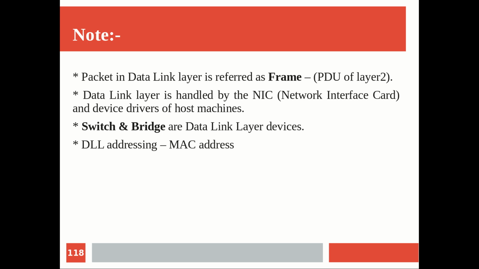And of course, for data link layer addressing, the most popular one you depend on is the MAC address. Some popular protocols are automatic repeat request (ARQ), the sliding window protocol (SWP), and access control protocols like carrier sense multiple access with collision detection, that is CSMA/CD.